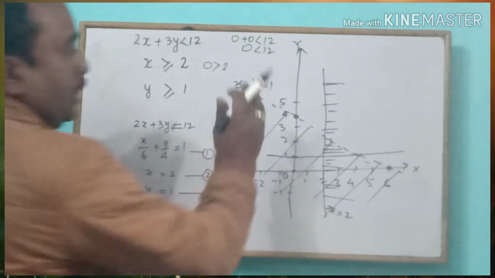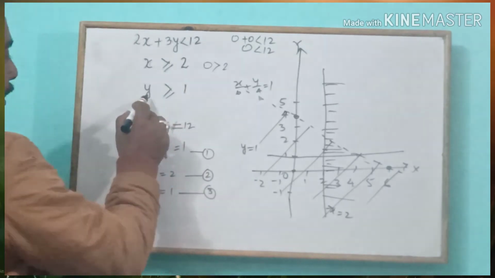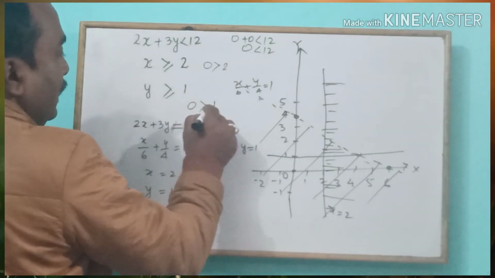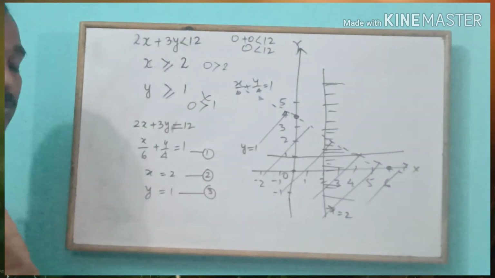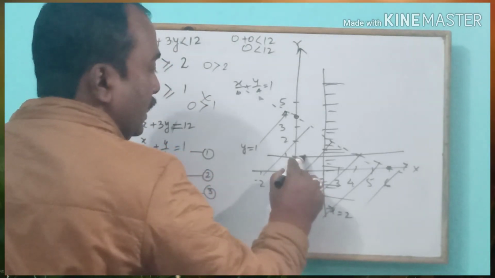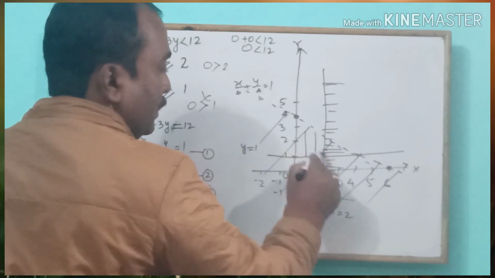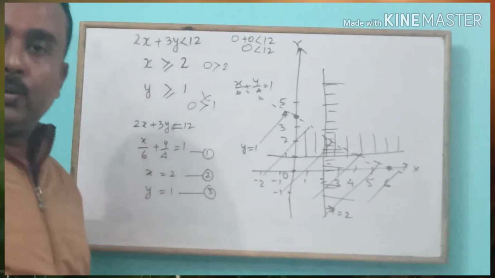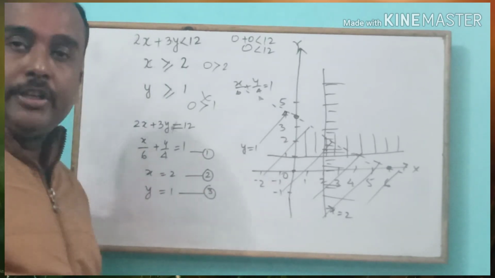Is it okay? So this side we have to shade. Third one, if I put 0 here, 0 is greater than or equal to 1. This is again a false statement. 0 cannot be more than 1. So we shade it away from 0 on this line. Okay, all three lines we have shaded.